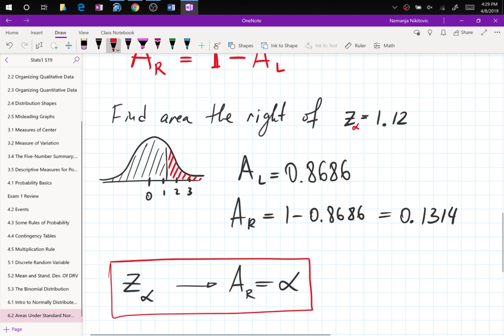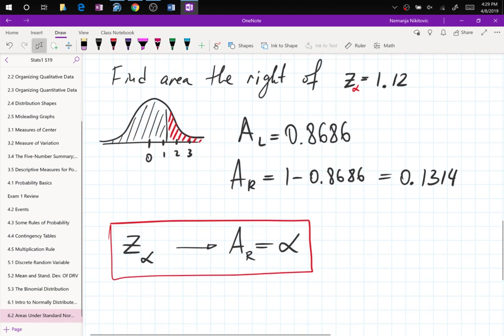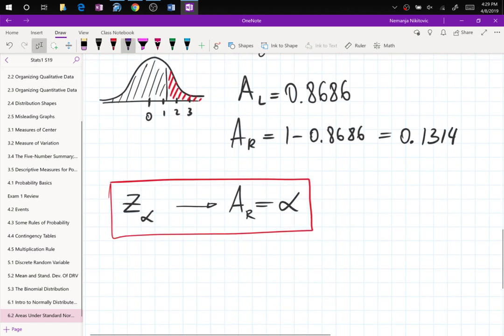So technically I need to put alpha over there in a problem: find the area to the right of z alpha. Yeah, the notation, but again, that's what you're learning, right? So if you see z only, then it's looking for area to the left. If you see z alpha, it's looking for area to the right. It's worthwhile writing.